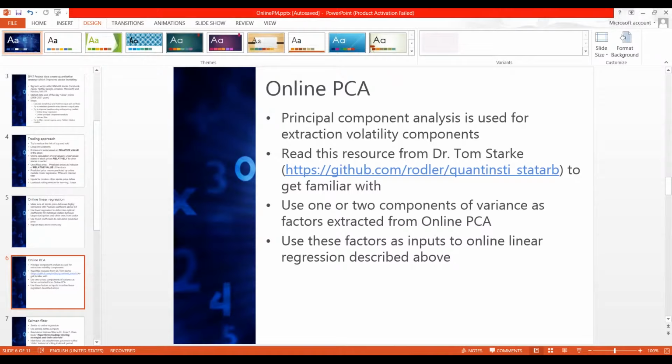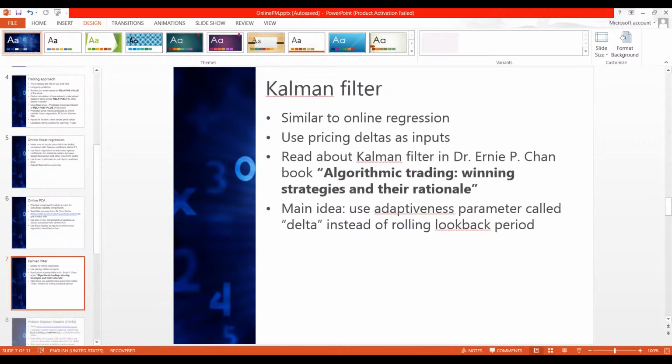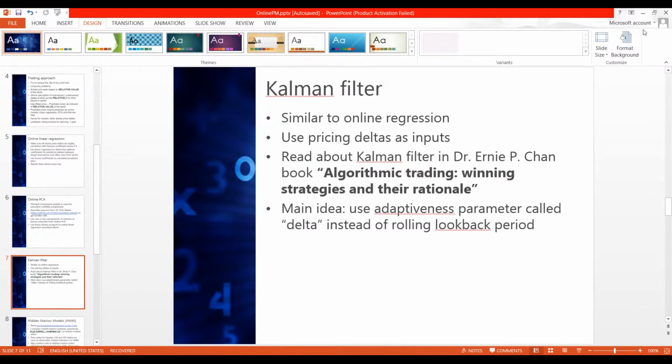Another interesting adaptive model is the Kalman filter. It is similar to online regression. I also use price and delta as inputs.